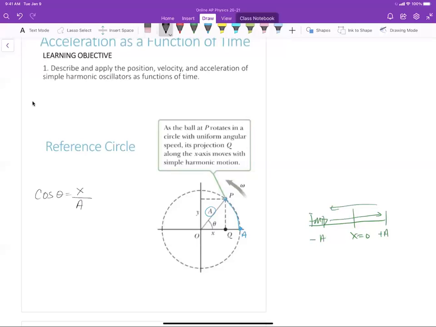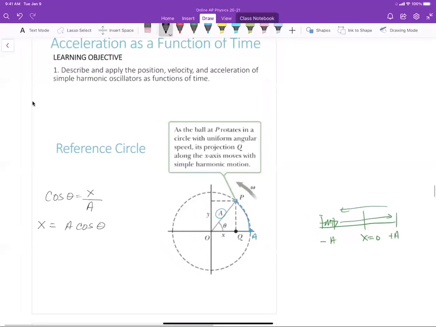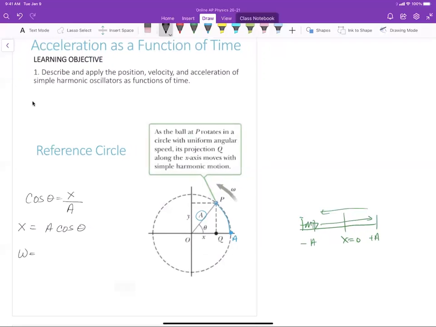So I can rearrange that for X, and I will find X to be equal to the amplitude times cosine of theta. Okay, what is theta? How is theta changing with time? Well, we know that angular speed is equal to delta theta over change in time.